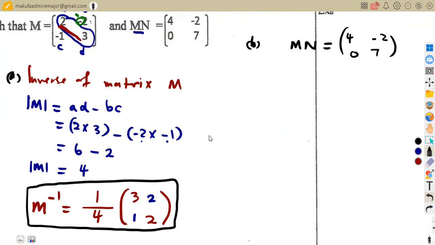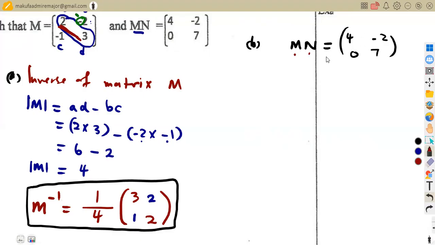Yes, you can choose to say, let matrix N be equal to A, B, C, D, and so forth, which is fine. But let's get the idea of the question. If I multiply M and N, I'm supposed to get this value here.